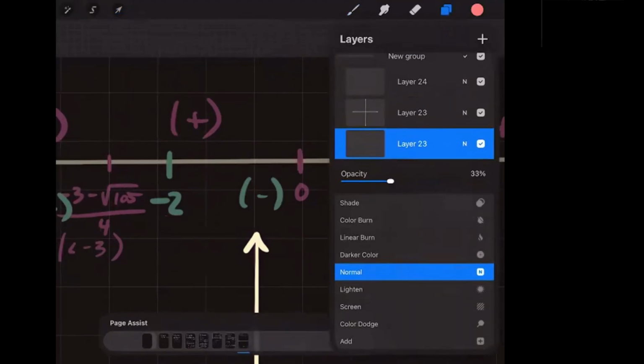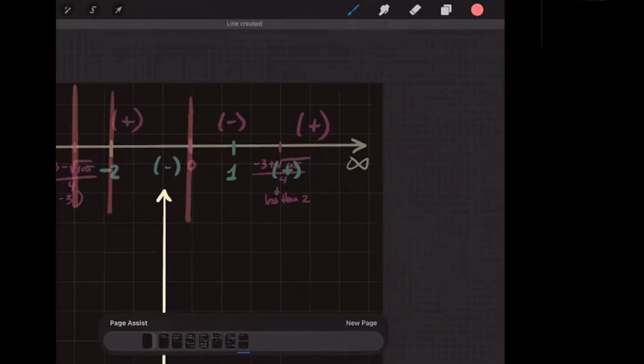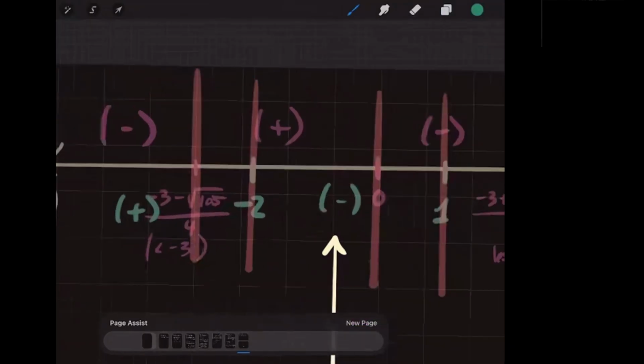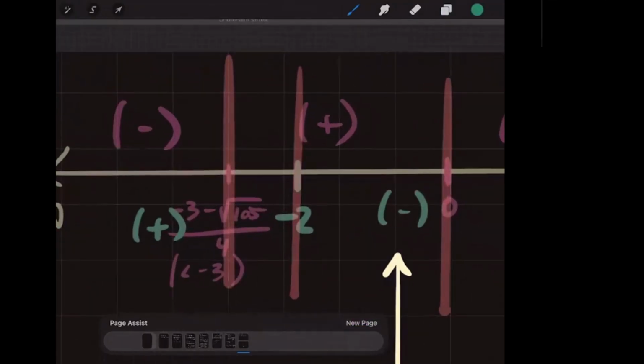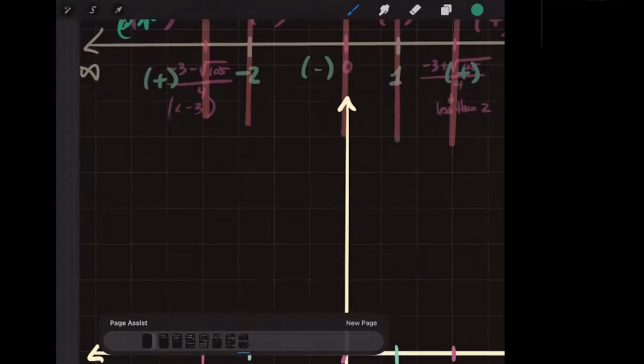So like that, and like that. You draw it a tiny bit smaller and more transparent so you can see a little bit better. Okay, so now that you have your graph, what do we know? We know that from negative infinity, we're going to be decreasing at an increasing rate. So decreasing at an increasing rate looks kind of like that, right?